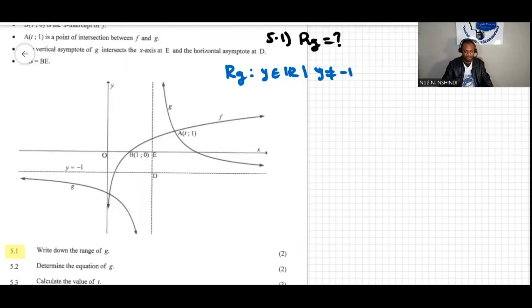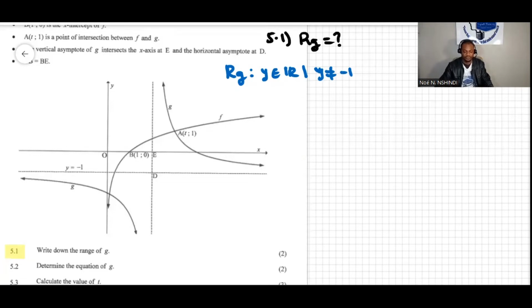Because when y is -1, g of x is not defined. You can see the value of -1 is associated with no x value in the graph of the hyperbola.